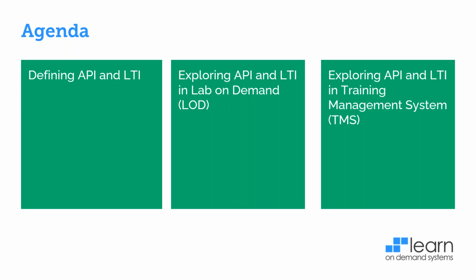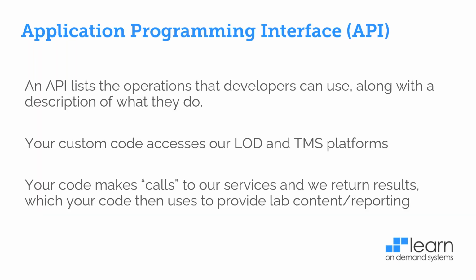And then Jane is going to help you with exploring the API and LTI in the training management system, or TMS, talking about how you access users and classes and courses and things like that. So we're going to be making a clear distinction between the two platforms within our organization, but the common thread will be the way you're accessing this content, which is through either API or LTI.